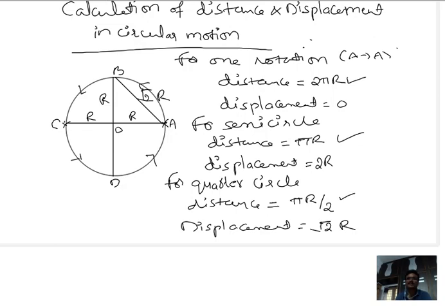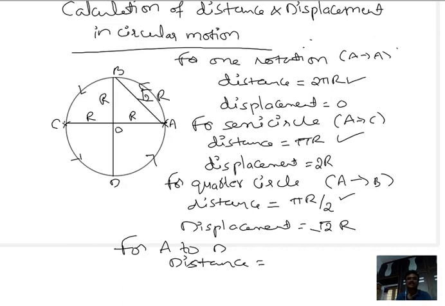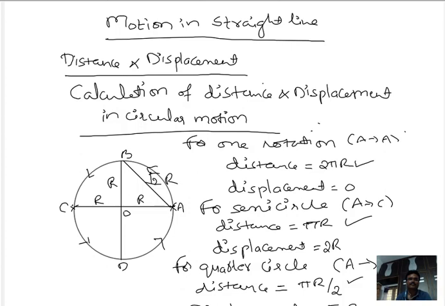What about for A to D? For A to D, the distance is 2 pi r times 3/4, which is 3 pi r by 2, whereas for displacement you again need to join these two points. Again this is r and this is r.